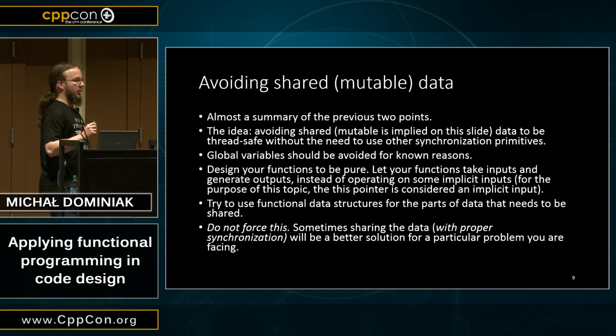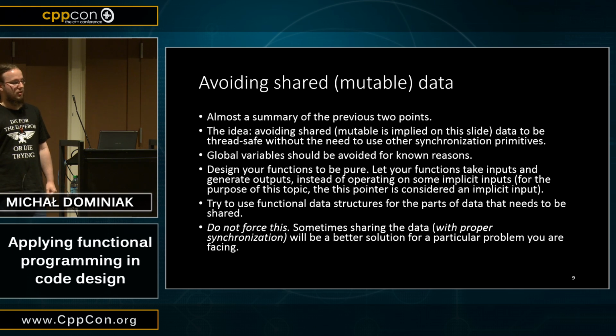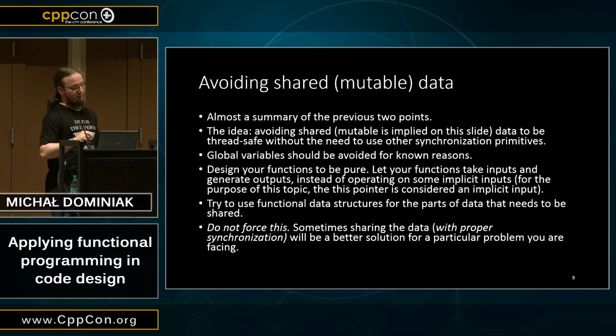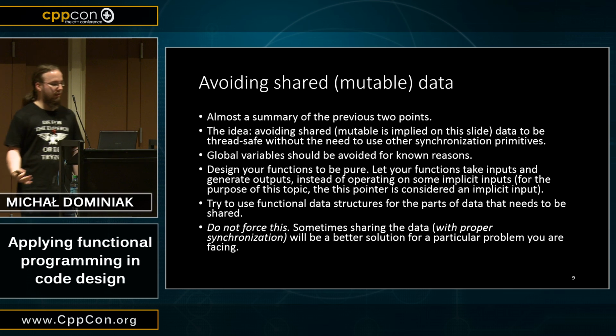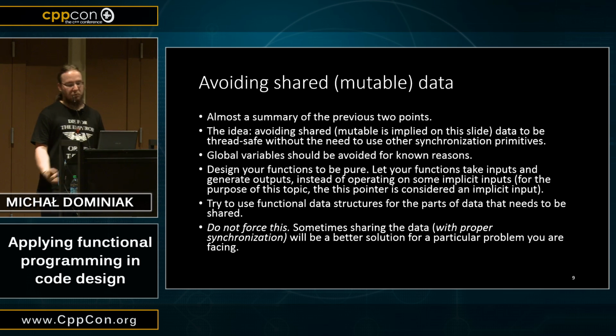Do not force anything. Sometimes sharing mutable data is the correct solution due to various circumstances. And sometimes even implementing synchronization manually will yield better results than using immutable data structures.